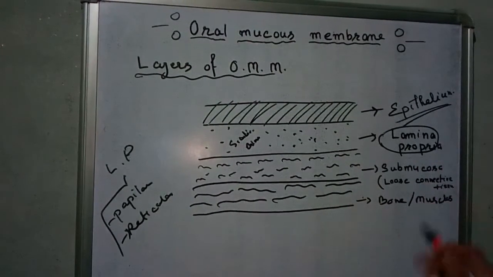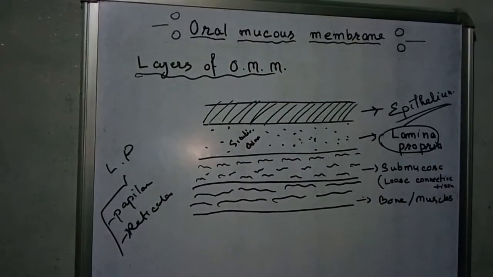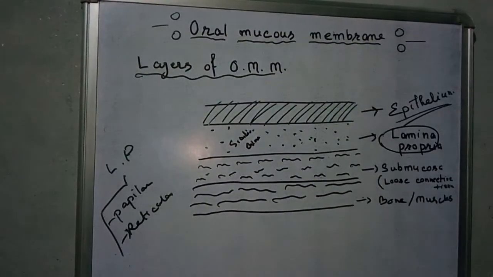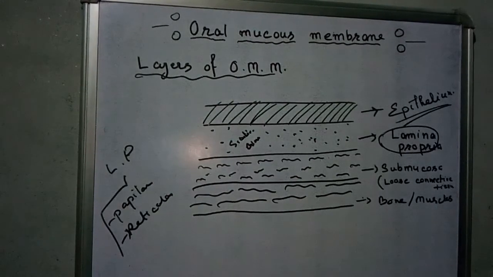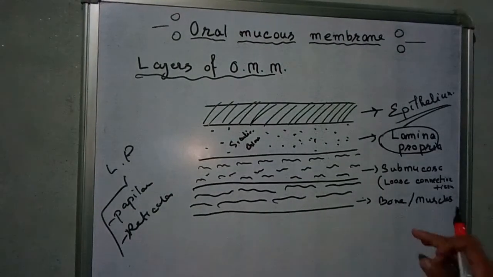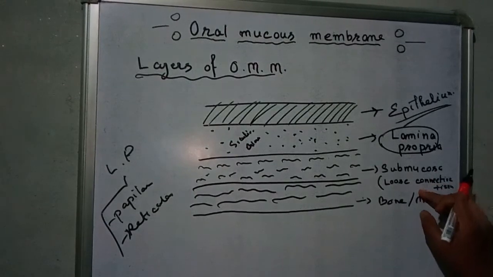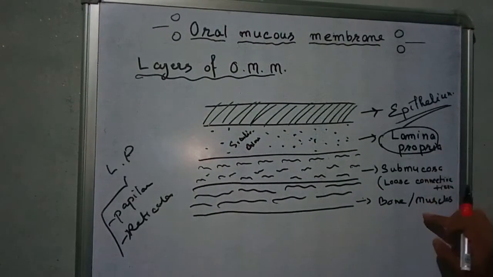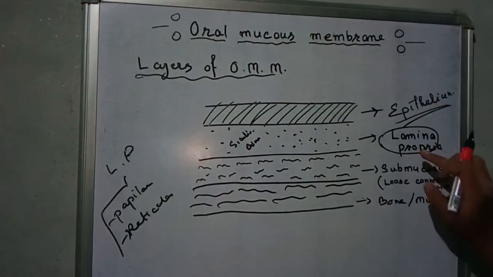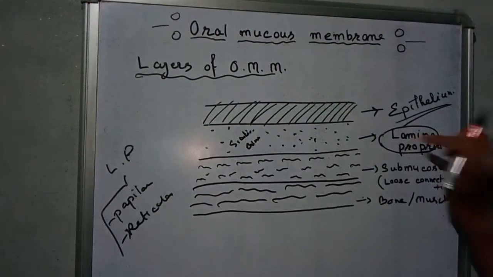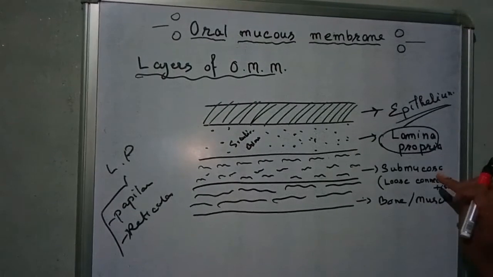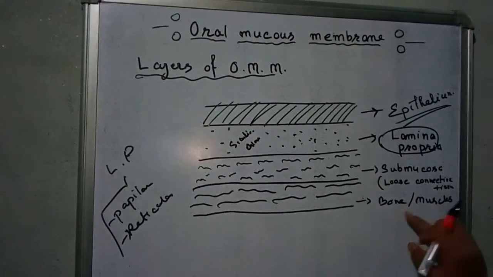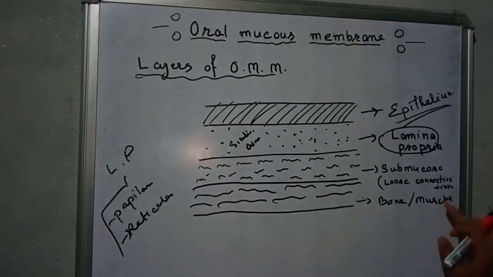So now let's talk about the submucosa, or the loose connective tissue. It's a loose connective tissue which connects the epithelium and lamina propria with the bone or muscles.